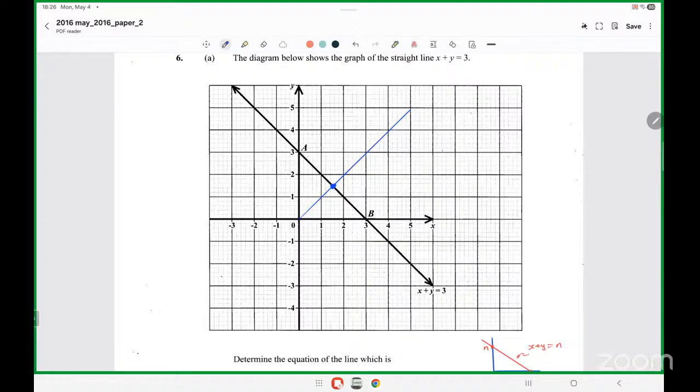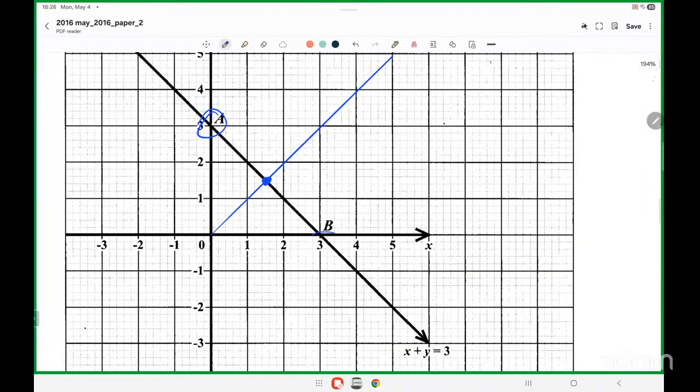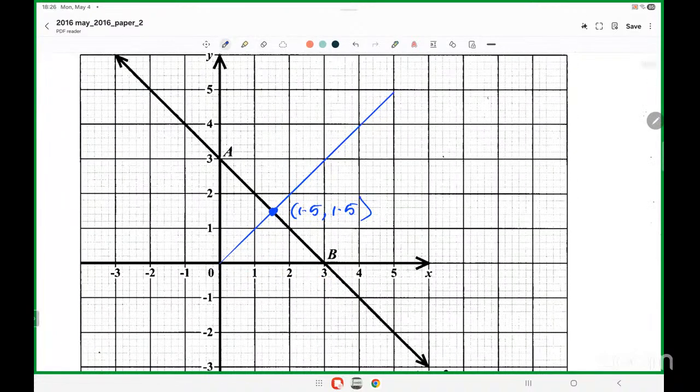It passes through the midpoint. The midpoint of (3, 3) must be (1.5, 1.5), half this distance and also half this distance. So that line is y equals x.